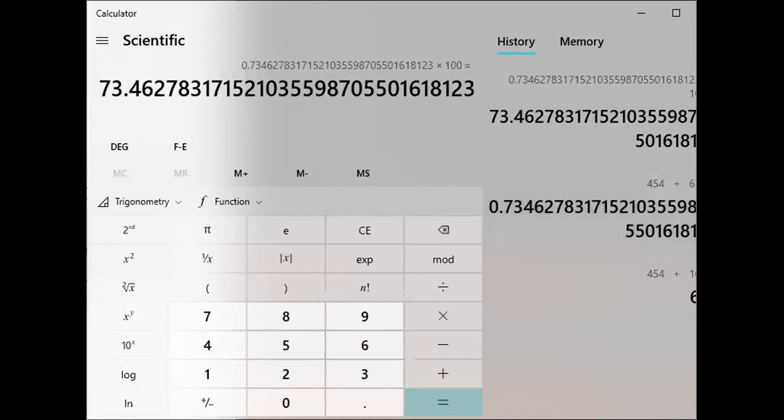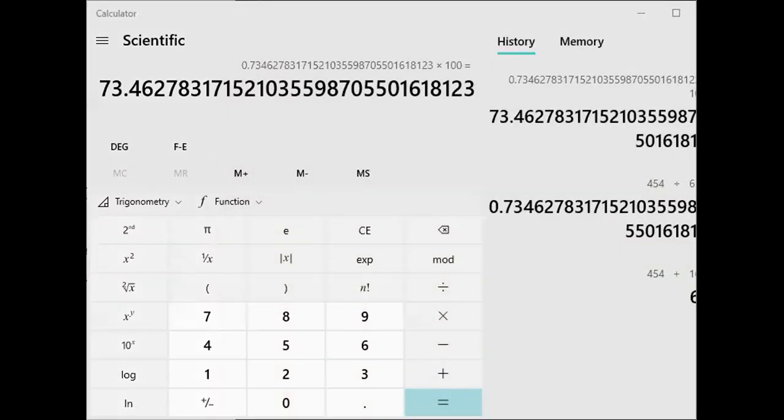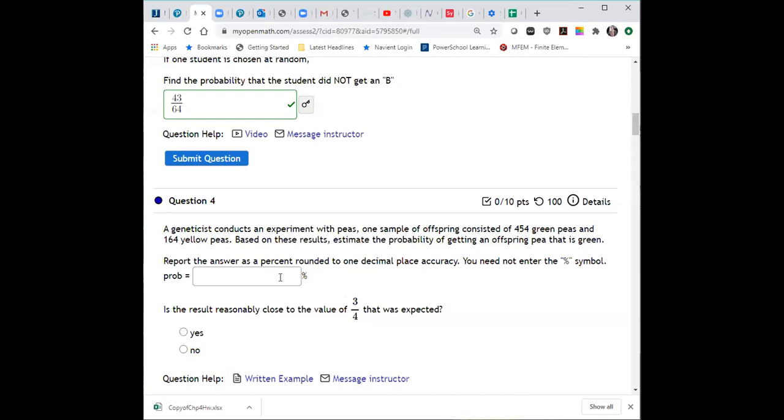So in your answer, you need to put 73.5. And we can assume that this is close to 3 over 4, which is 0.75 or 75%, right? So you can say yes.